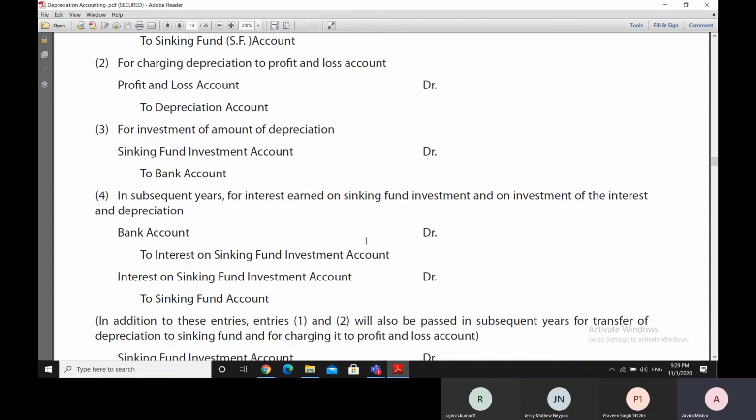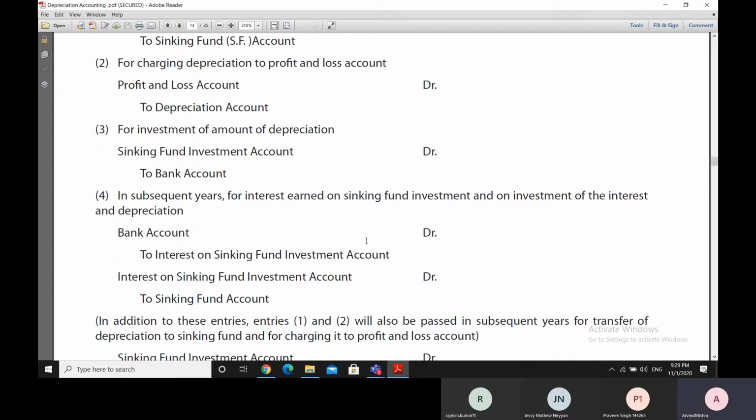So thereby what we are saying is that the balance in the sinking fund account will go up by the value of the interest that we are earning, and therefore we will need more money to be transferred from the bank account to the sinking fund investment account.